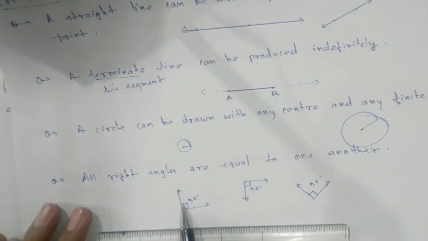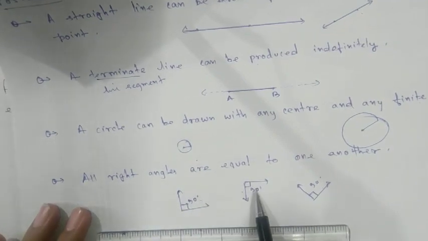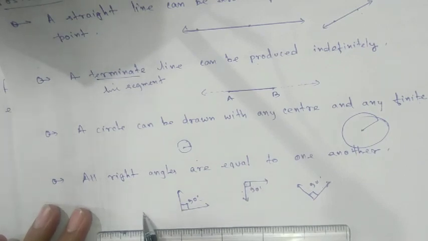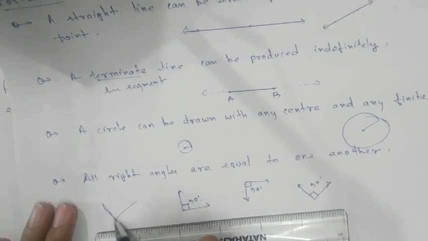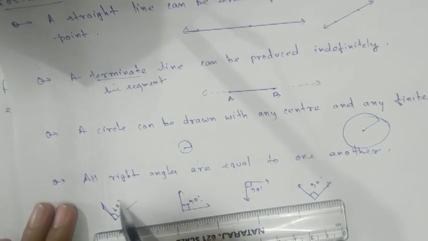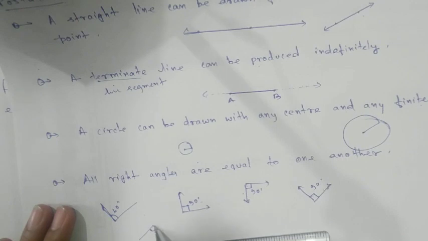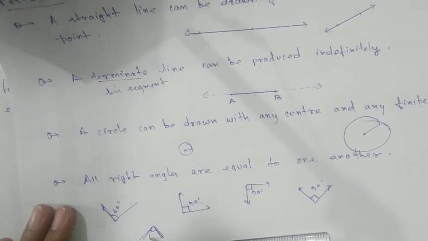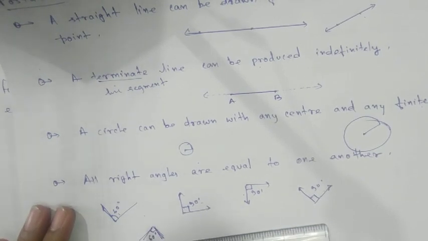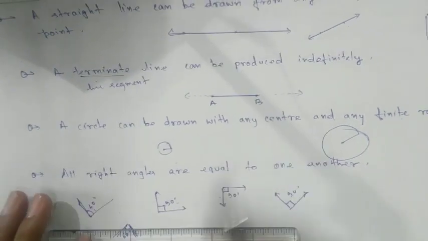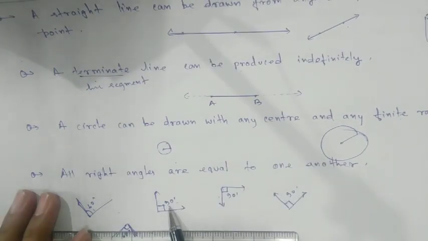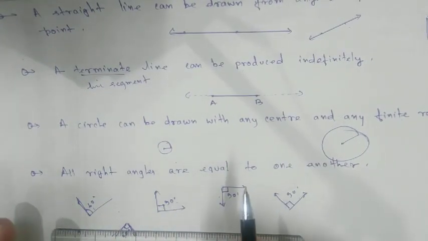It is a particular angle they are using here, but it is valid for all angles. Like if you take any 60 degree angle, whatever shape you take, all are equal. So using only one angle, they are mentioning it for every angle.